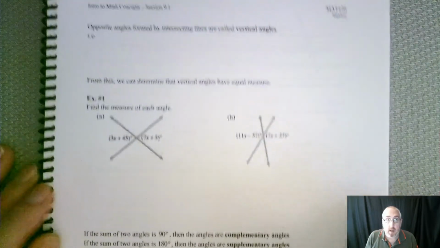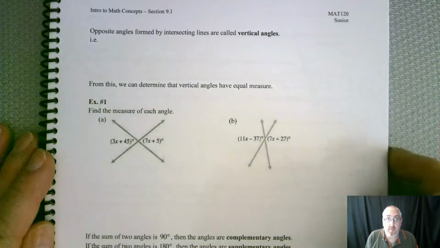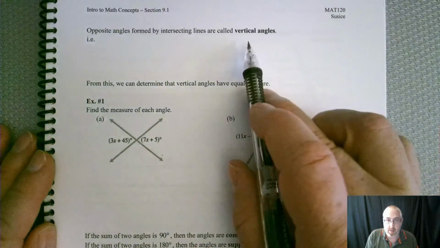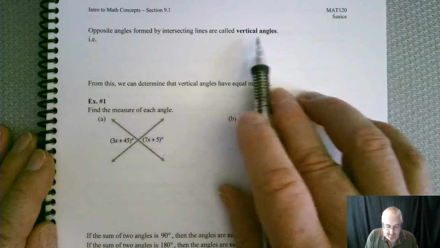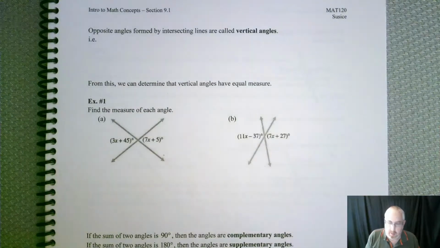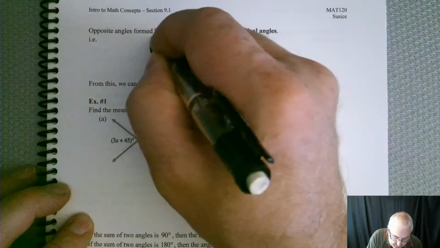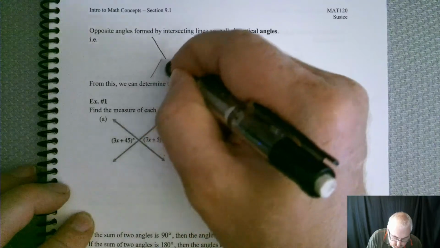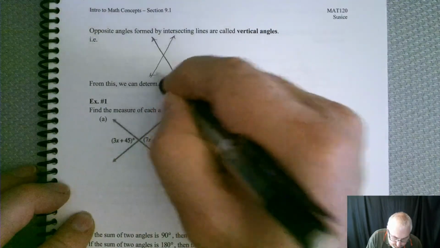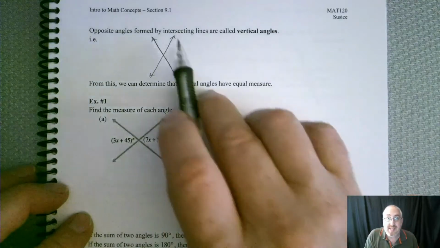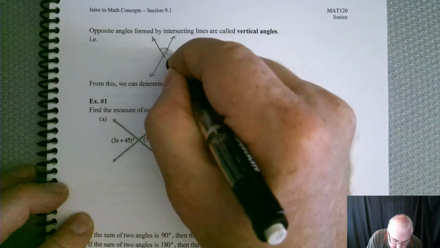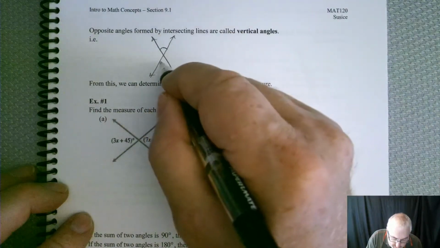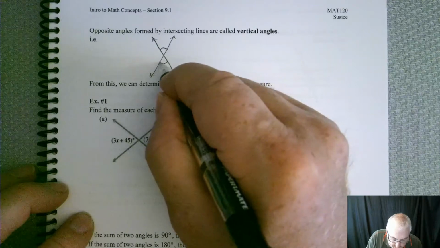Now, the last term I want to familiarize you with is called vertical angles. So, opposite angles formed by intersecting lines are called vertical angles. Okay, so let's draw two intersecting lines. And now, it says opposite angles. So if I was looking at this angle up here, I would also want to look at this angle down here.